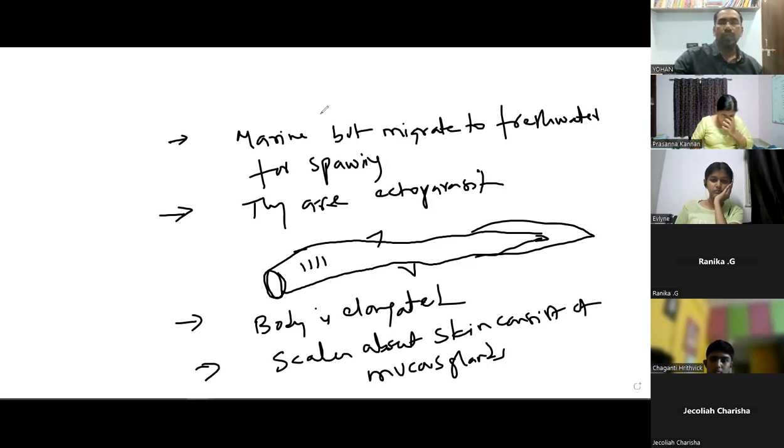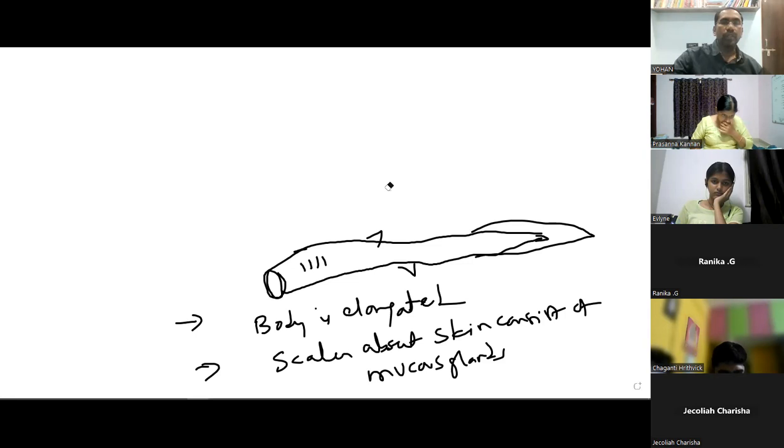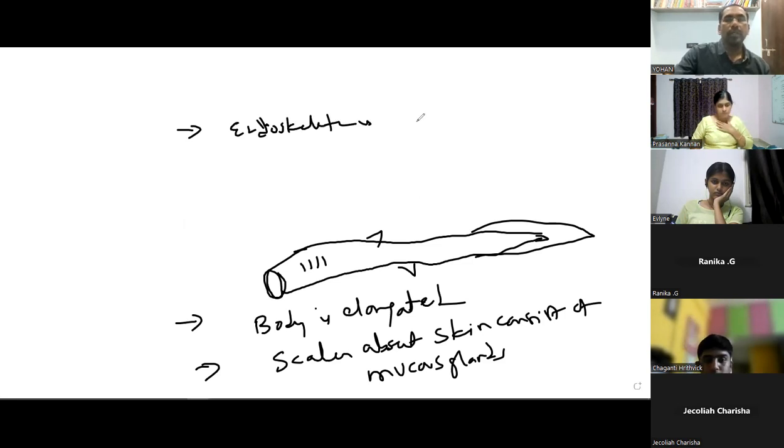Next, endoskeleton. Endoskeleton is cartilaginous.